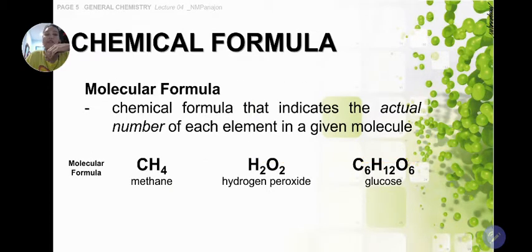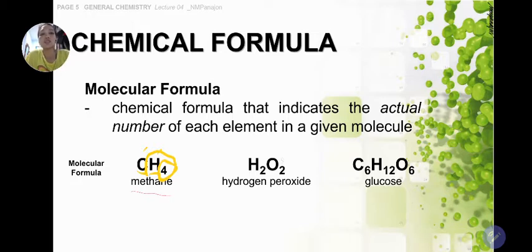So, first we will discuss molecular formula. This is the chemical formula that indicates the actual number of each element in a given molecule. For example, we have methane here. The molecular formula of methane is CH4. It means we have 1 carbon atom and 4 atoms of hydrogen.